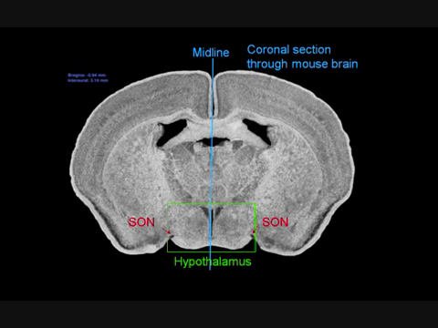Cells first are born or go through their last mitotic event along the ventricle, and they have to migrate all the way out to take up residence in this supraoptic nucleus. About 1.4 millimeters in a mouse.